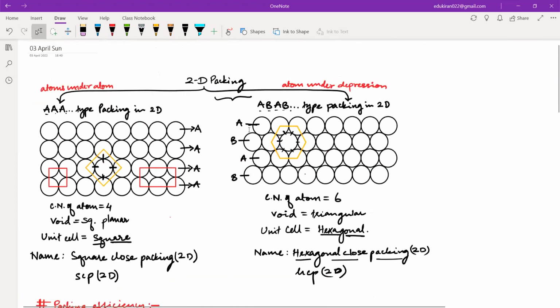So let me take the unit cell from here and then start working with it.